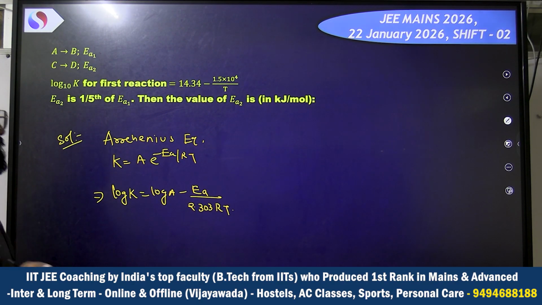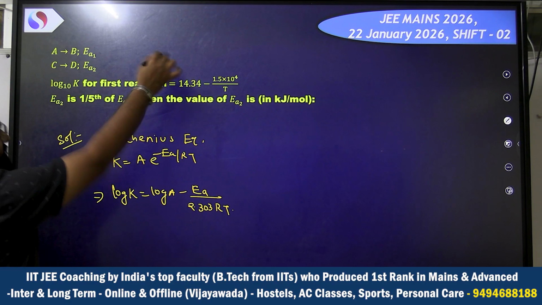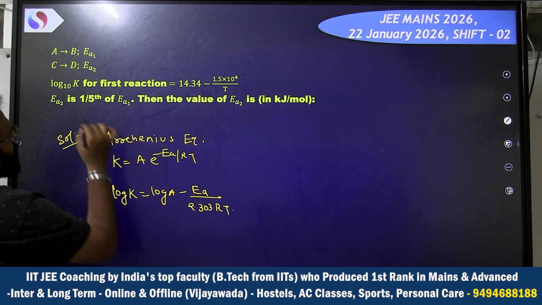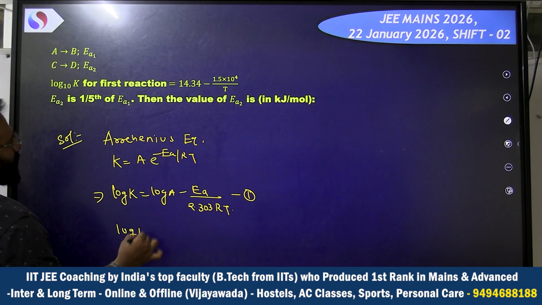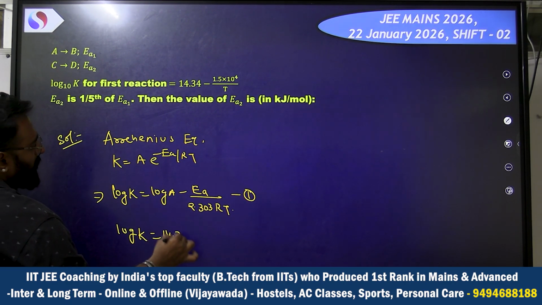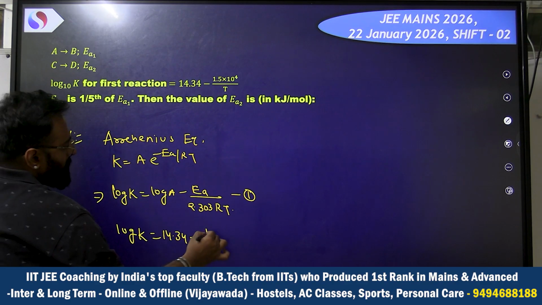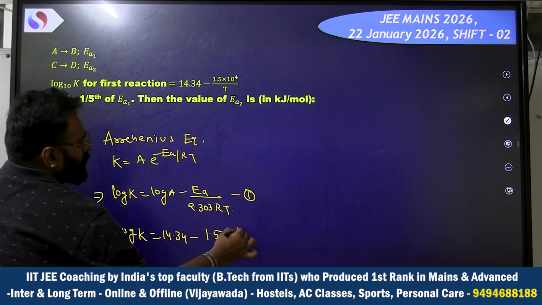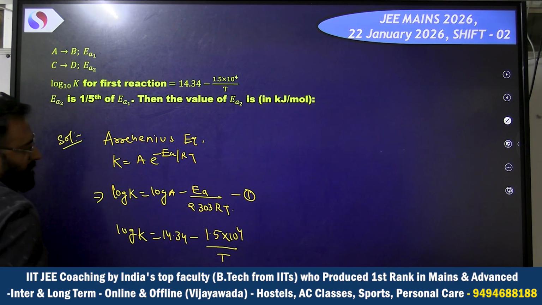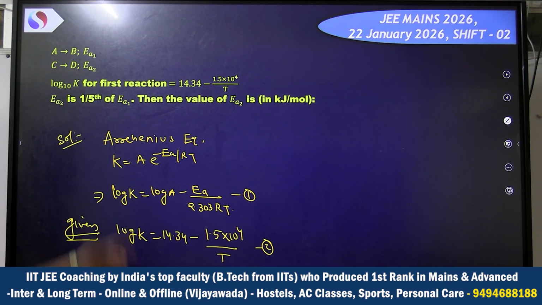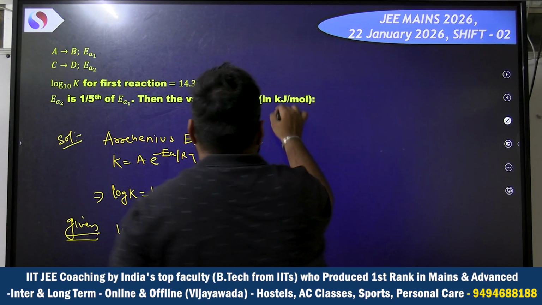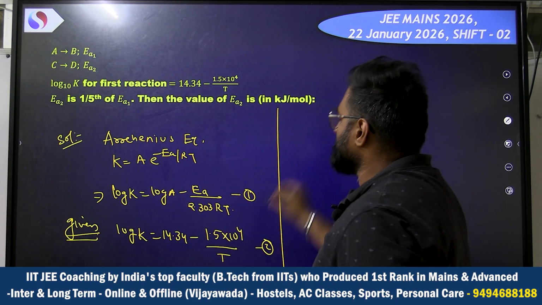Now in this Arrhenius equation, what is our reference equation? This is our actual equation. And in the question, log K is equal to 14.34 minus 1.5 into 10 to the power 4 by T. This is our given equation. Compare both equations. What will we have?